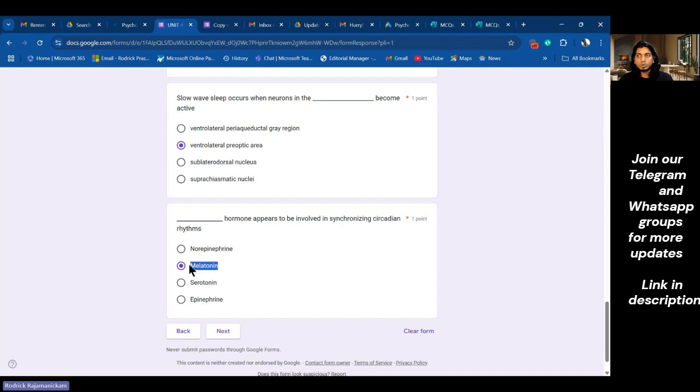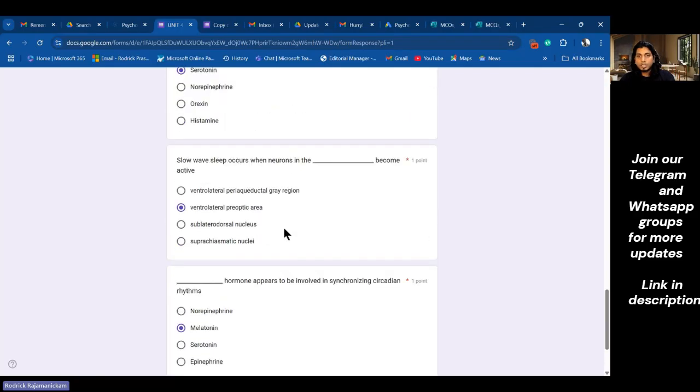When you move to another time zone where there may be late sunrise or earlier sunrise, your initial difficulty would be in falling asleep in the evening. So melatonin adjusts you to that circadian rhythm. So even in blind people, this adjustment is seen.